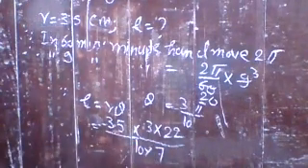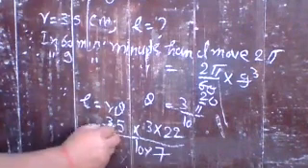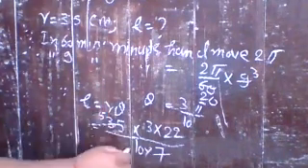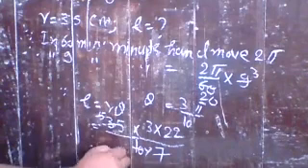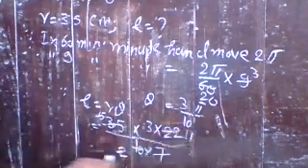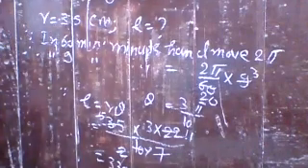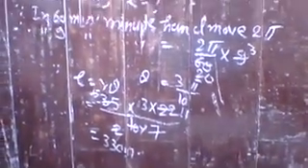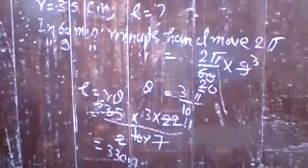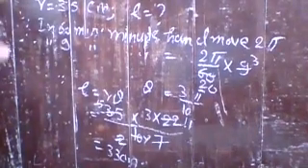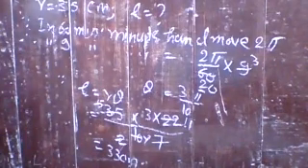Simplifying it, 7 fives are 35, and 5 twos are 10, and here you have 11. So overall 33 centimeter. So 33 centimeter is the length of arc moved by the minute hand in 9 minutes. Okay. So in this way it will be solved.